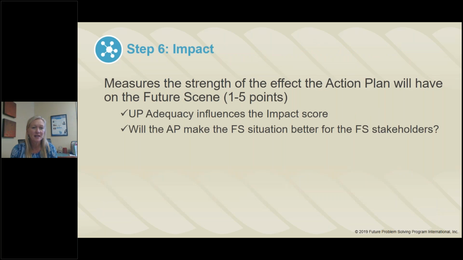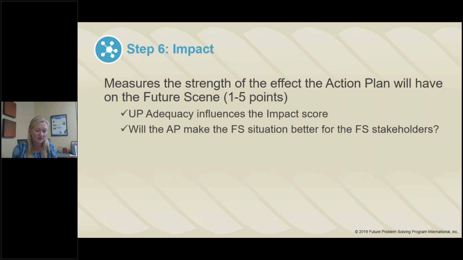The next thing we're going to take a look at is the impact. That is the strength of the effect of the action plan on that future scene. This is connected back to the adequacy score that was awarded to the students in step 2. If the underlying problem adequacy has a stronger score, it's going to result in a stronger score here.